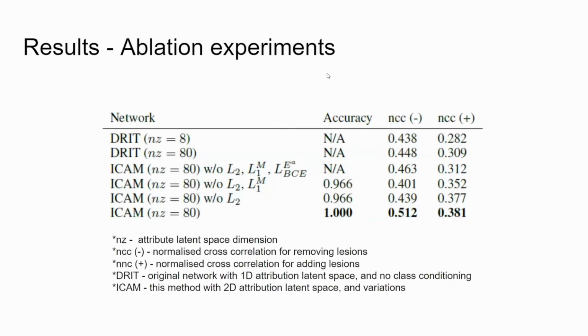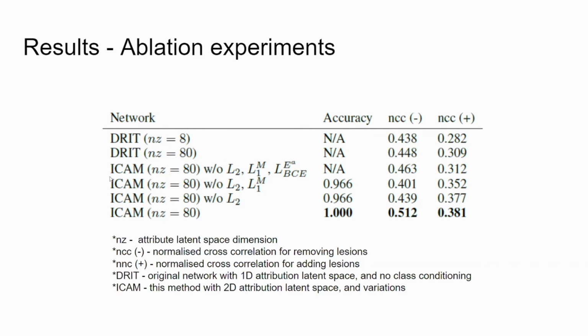To further illustrate this, we've done a comparison of different components of the different networks. NZ is the attribute latent space dimension. In the original network, they use a latent space of size 8. We also tested with the same latent space size as ICAM for a comparable comparison.